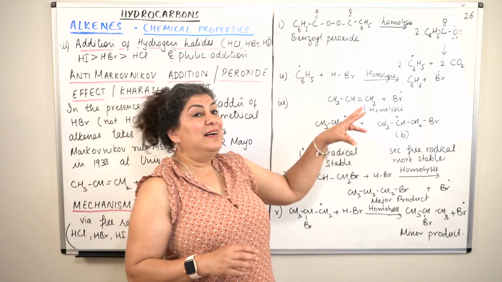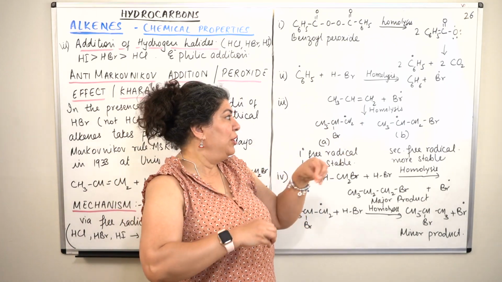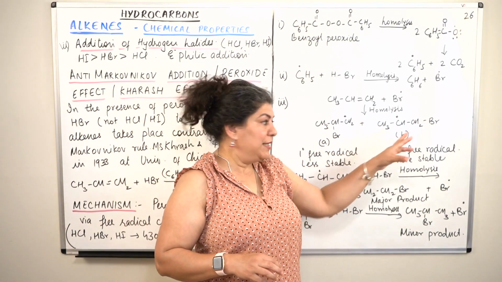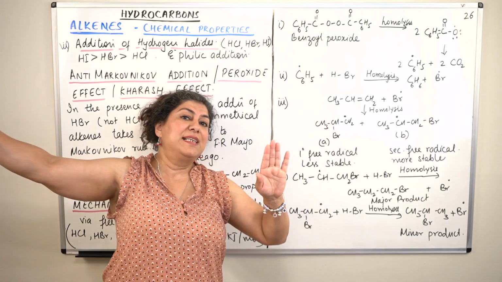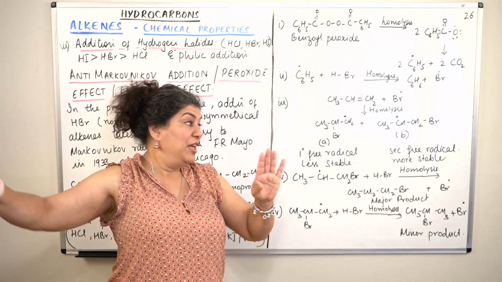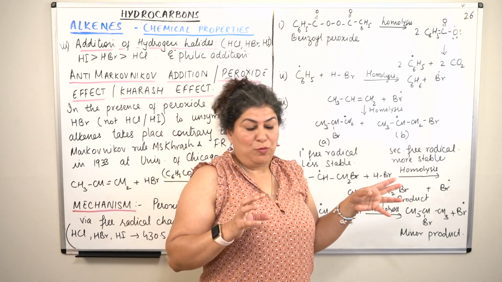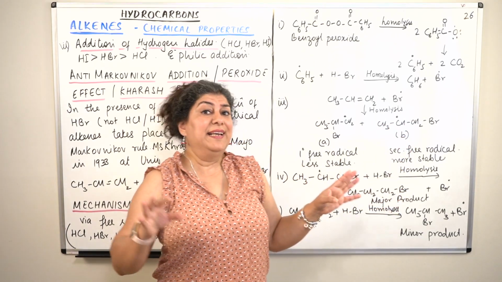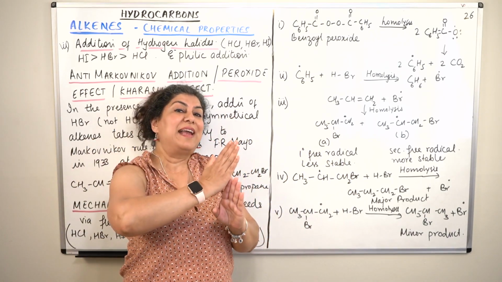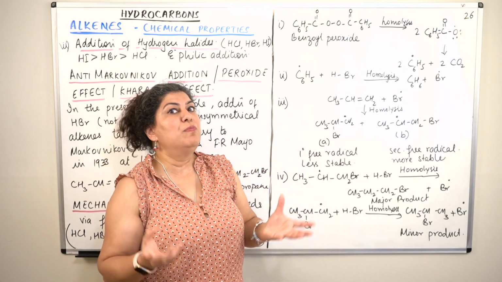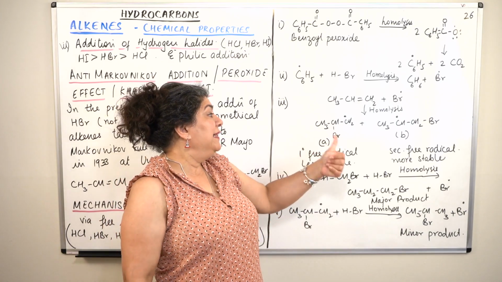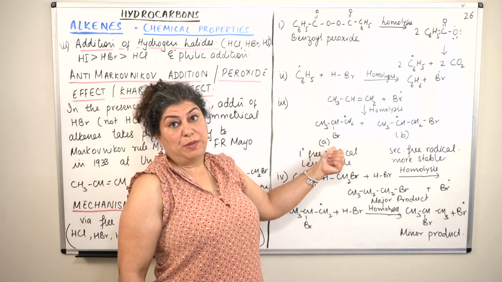In that, the hydrogen had added to the molecule instead of bromine, and the bromine was still staying away as Br negative. So the hydrogen added and formed a secondary carbocation, and therefore the bromine, when it attacked the secondary carbocation, formed the more stable product.